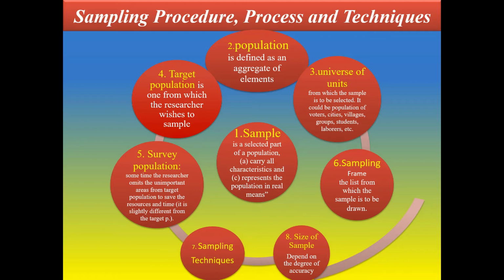The other term is the survey population. There is a very delicate difference between target population and survey population. Sometimes the researcher omits the unimportant areas from the target population to save resources and time. It is slightly different from the target population, but there must not be a big difference.